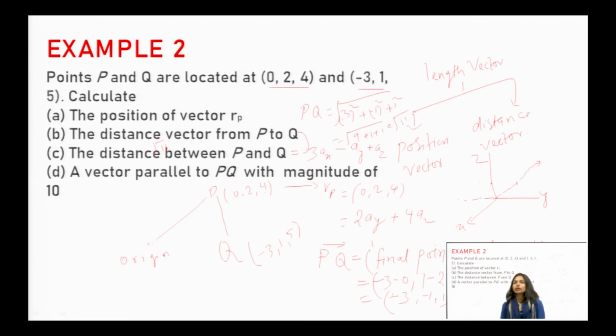Now come to the D part, where we need to find the value of a vector parallel to PQ with magnitude of 10.